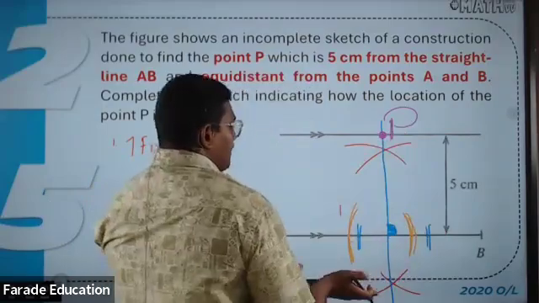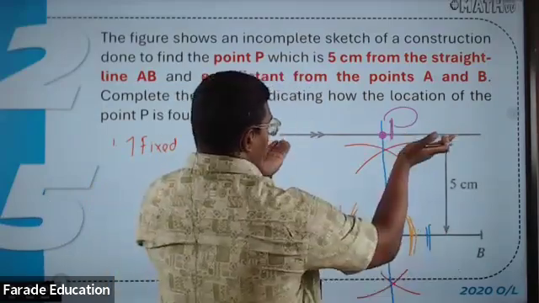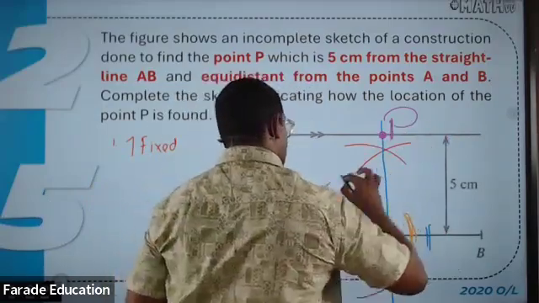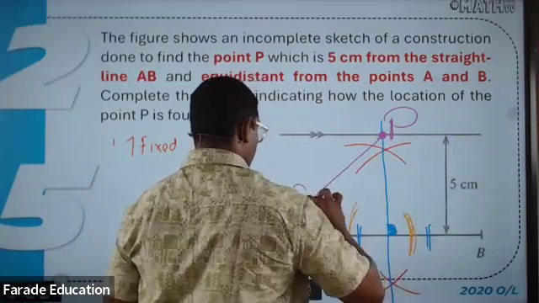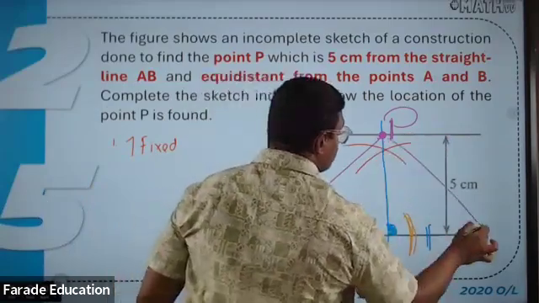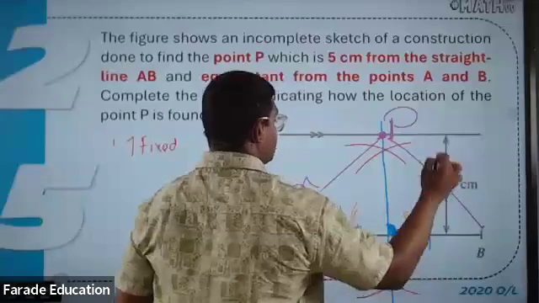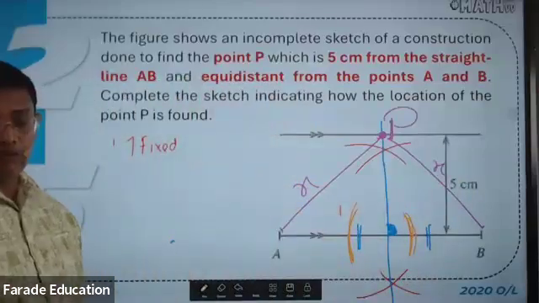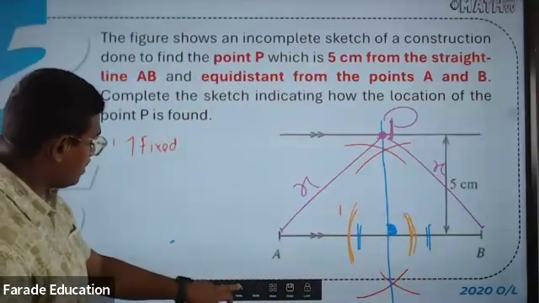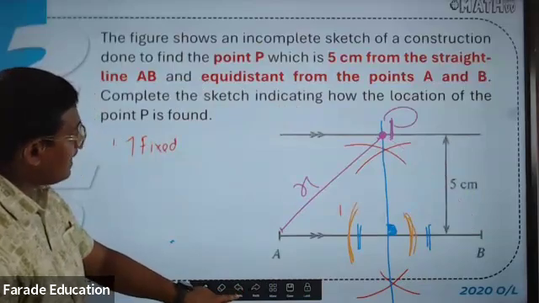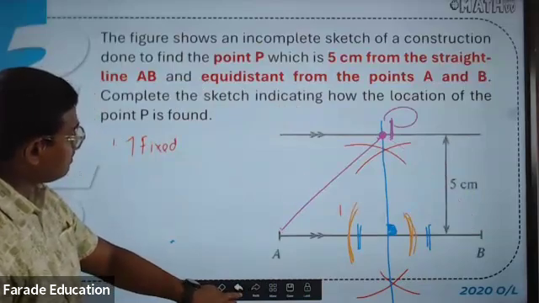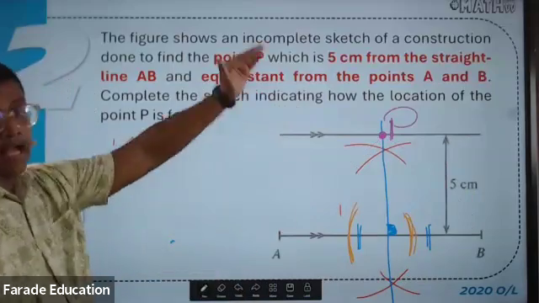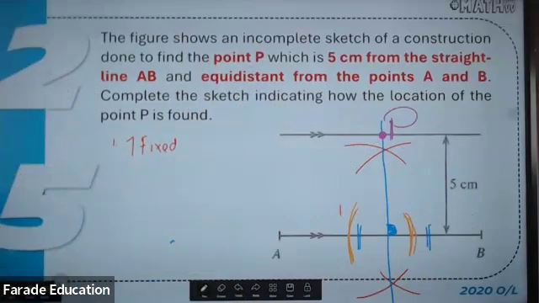Correct, no? P is 5 centimeters above AB and P is at equidistance. If this is X, then this is also X. You don't have to mark it, it's just for reference. P is at equal distance from A and B and 5 centimeters from the line AB.